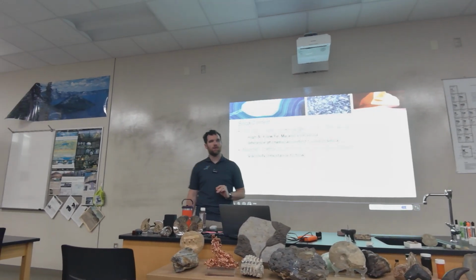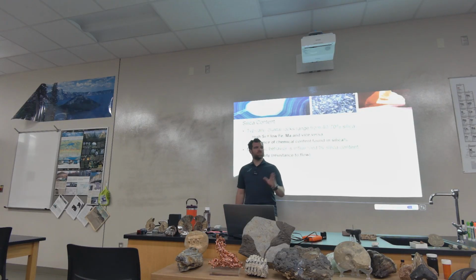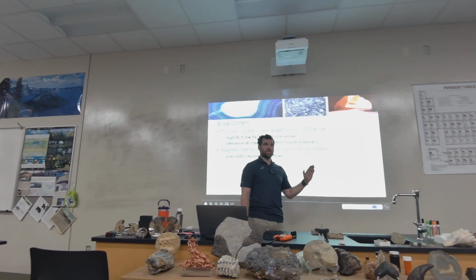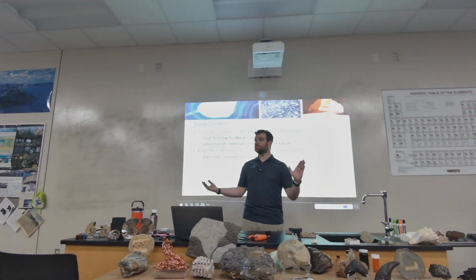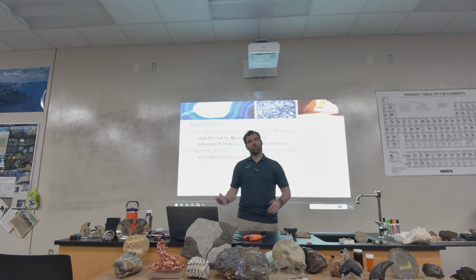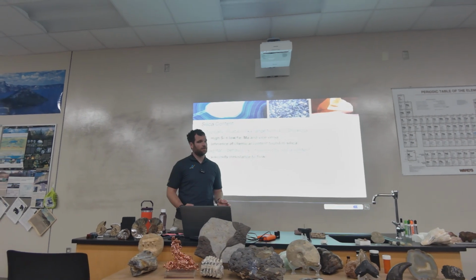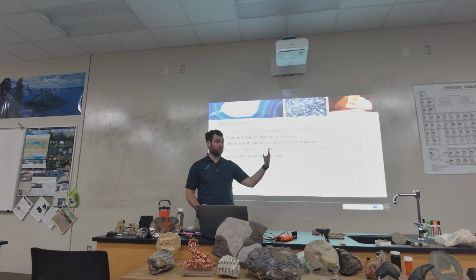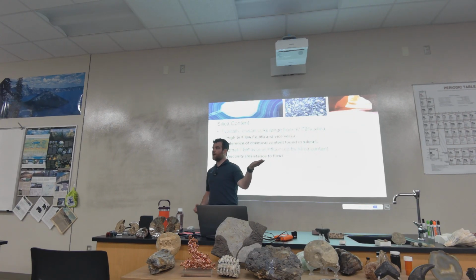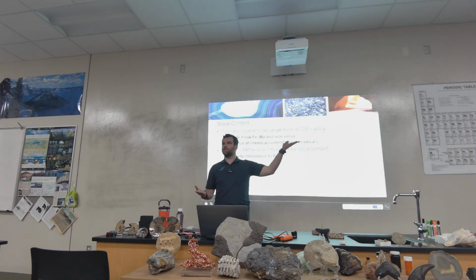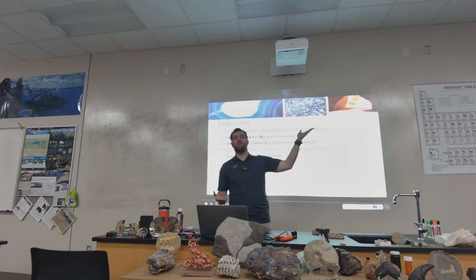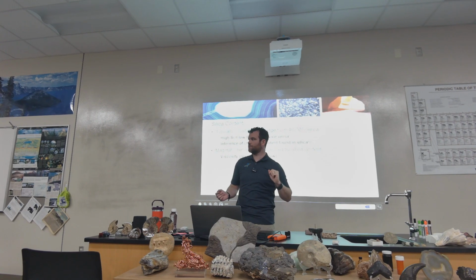There is more silica in light silicates than in dark silicates in general. So if I have a composition that is mafic, heavy in the dark silicates, it will also have proportionally less silica in it than a light silicate would. So let's use pyroxene for an example, okay?